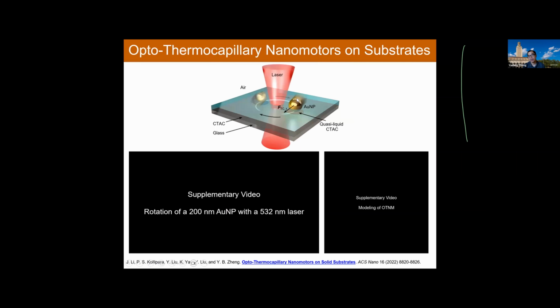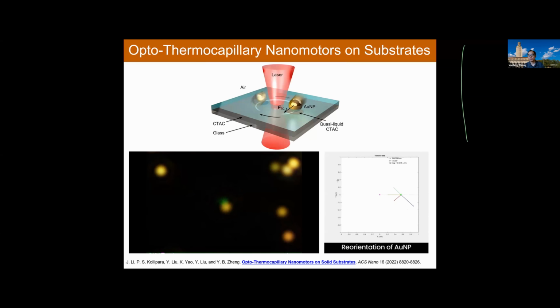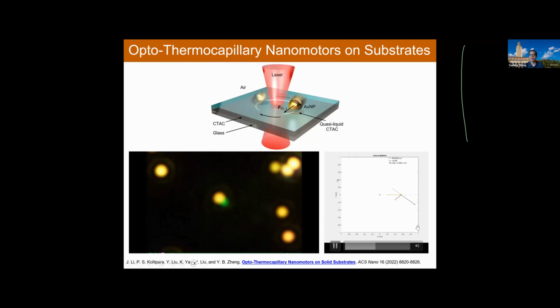And even we can control the laser beam position and the particle size and shape, we can create rotation, and we call it the motor effect. So you can see, using the laser beam, simply pointing to the position, the particle will orbit, circulating around the laser beam continuously. And this phenomenon can be modeled based on the thermal Marangoni effects.